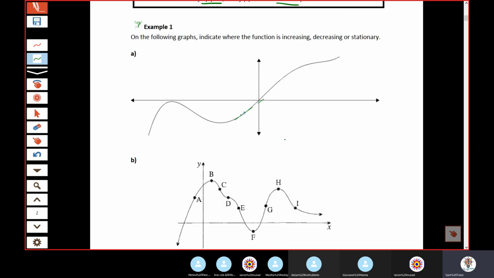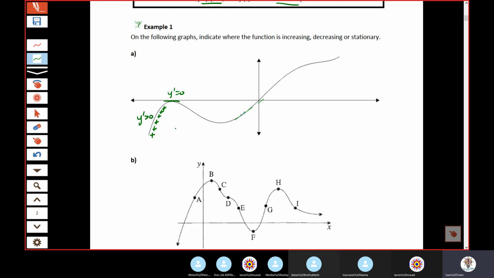So on the following graphs, indicate where the function is increasing, decreasing, or stationary. Well, increasing, true, slope right. What's happening right there? Stationary point, or the word you guys were used to obviously was turning points. Turning points, stationary points, same. So that's y dash equals 0 technically there.